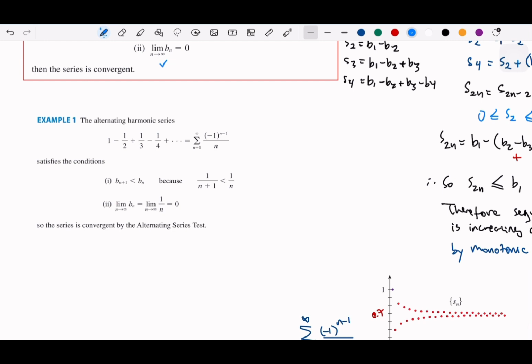So there will be absolutely convergent and conditionally convergent, but maybe that is for a later part. Anyway, there are only two requirements. You need to prove it decreases. The second thing is the limit. Take the limit, make sure it's 0. But it only works for this alternating series.